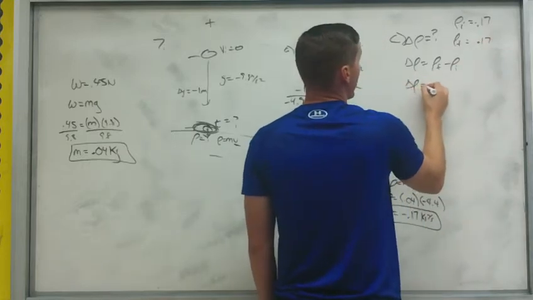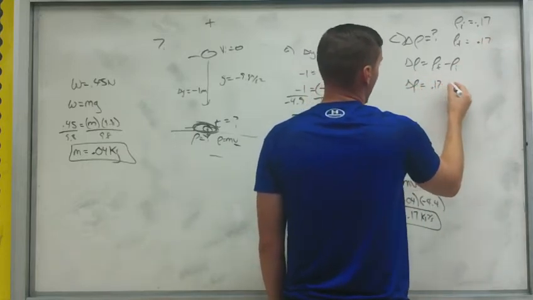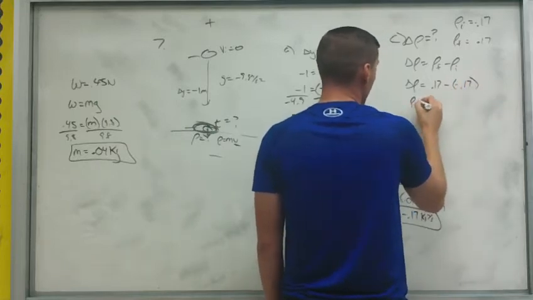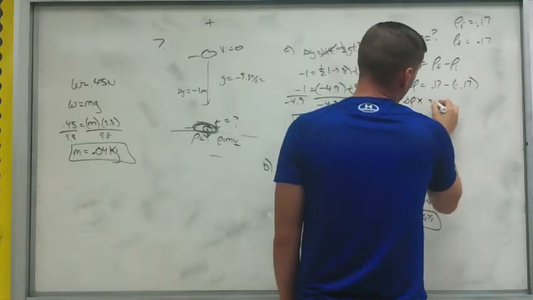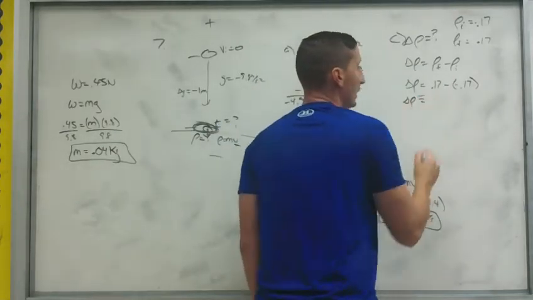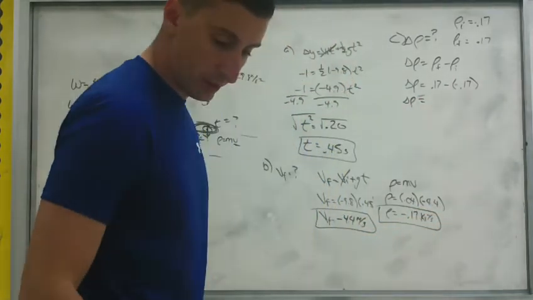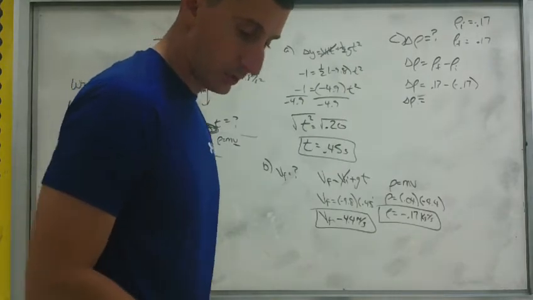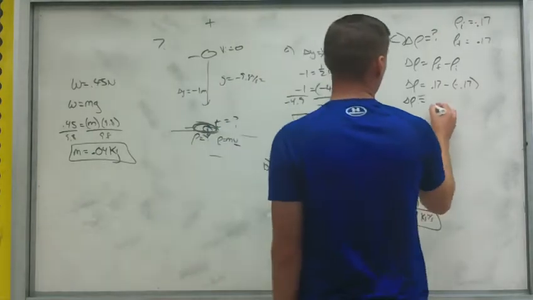So change in momentum is equal to 0.17 minus negative 0.17, which gives me 0.34.